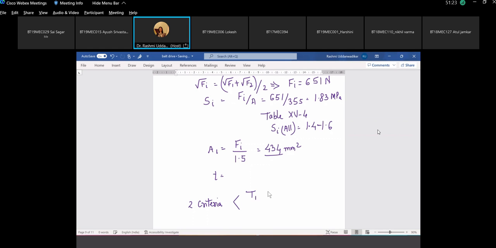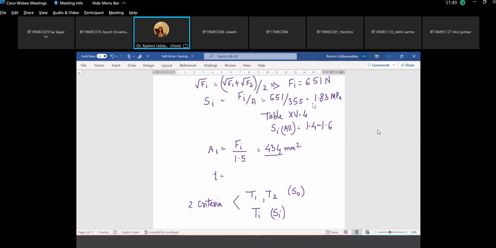One is the tensions T1 and T2, and then the stress induced due to this initial tension SI. So as T1 and T2, these are taking care of the material of the belt S0, and this is the strength of the belt, and this is the stress induced due to initial tension. So what we are trying to do is we are trying to make it safe from both the criteria.